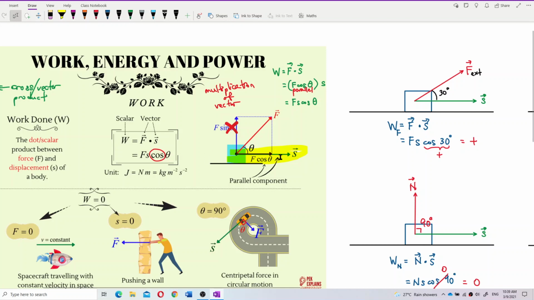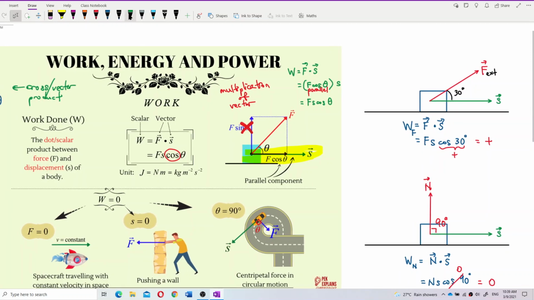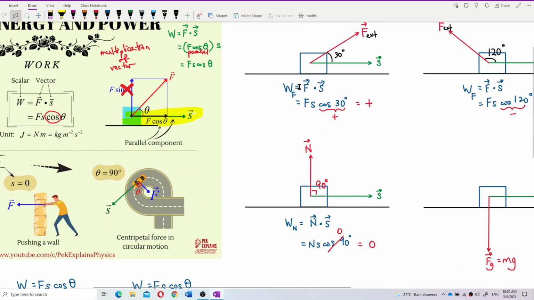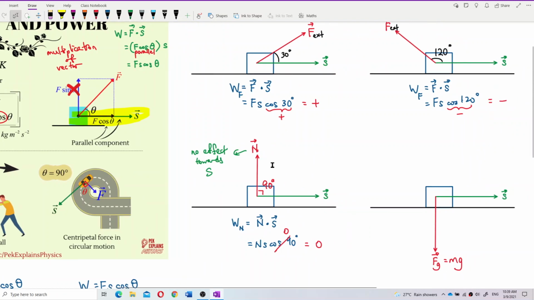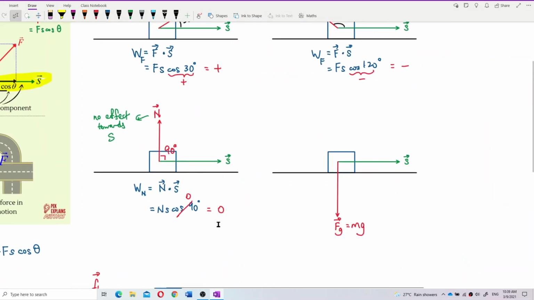This perpendicular component has no effect towards the displacement. Because it's perpendicular, it has no effect. So when the angle is 90 degree, you have zero work done.